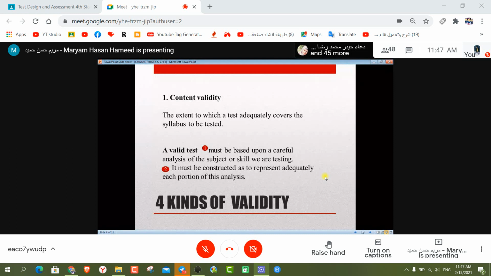About the test, we have here two characteristics. A valid test must be based upon a careful analysis of the subject or scope we are testing. As a teacher, for example, I want to test my students' grammar, okay?